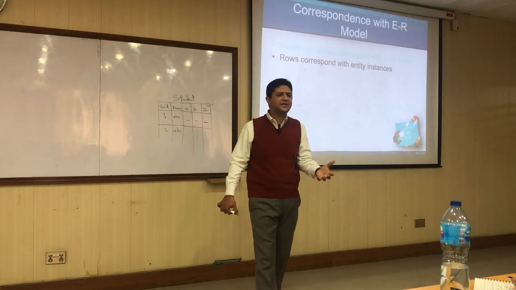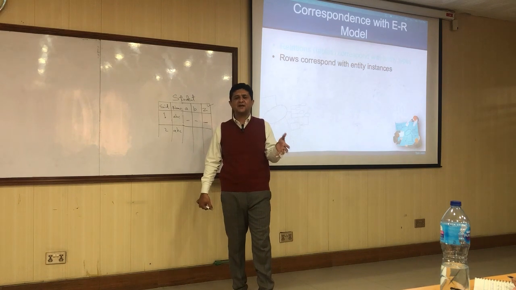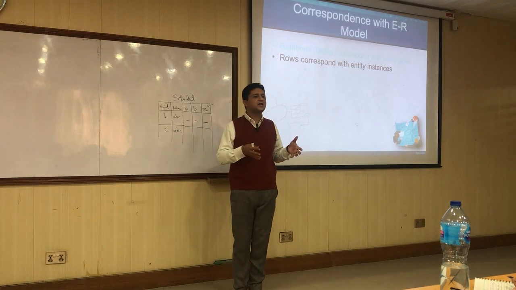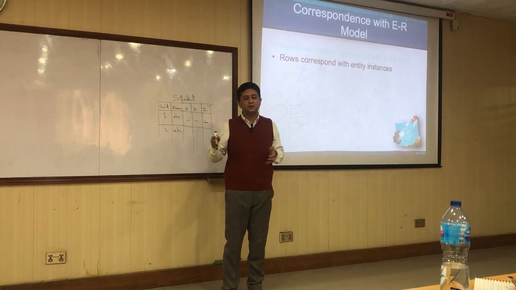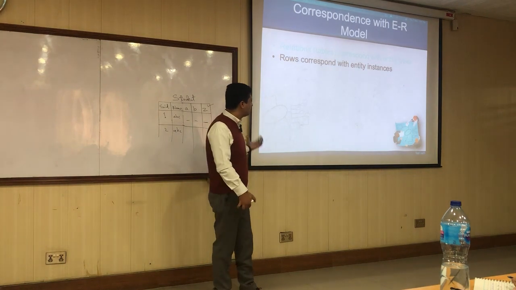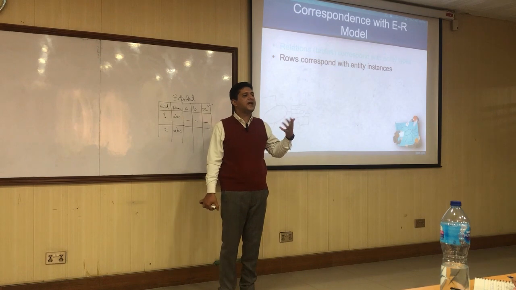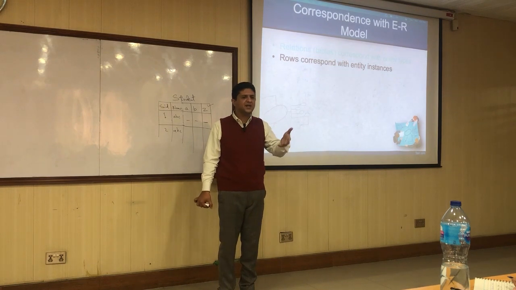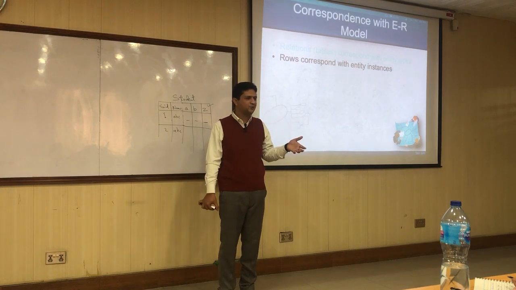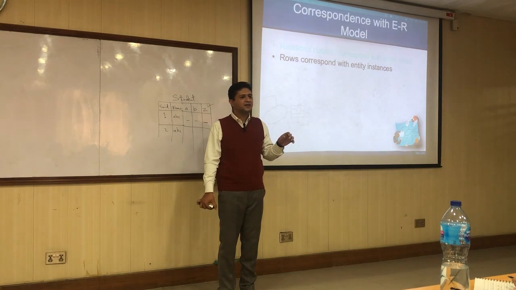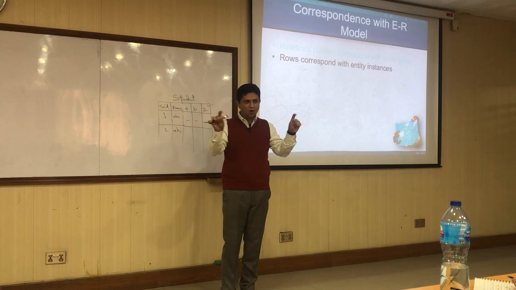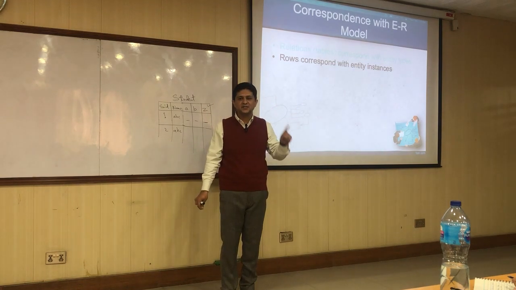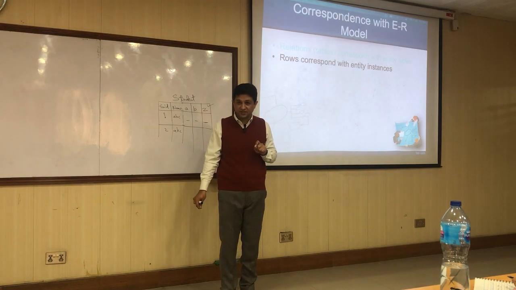Although there is no representation of entity and relationship instances in the entity relationship or the enhanced entity relationship diagram, when this relational structure is created, we'll also take help from those samples which are finally going to be added into the database. So whenever data is added into the database, one row basically represents one entity instance, okay?